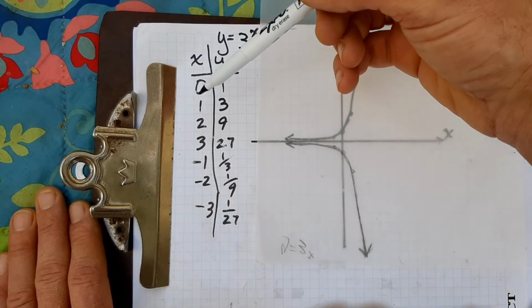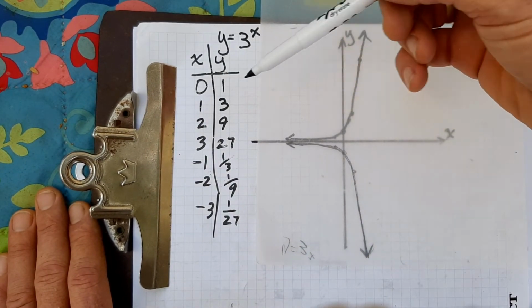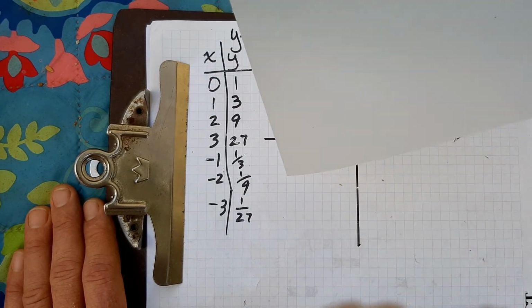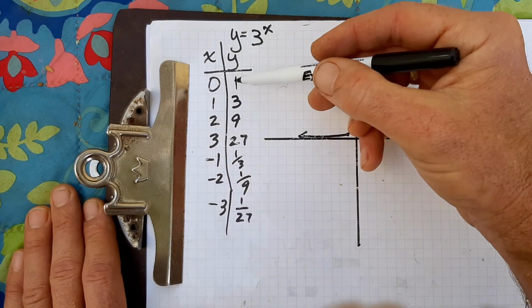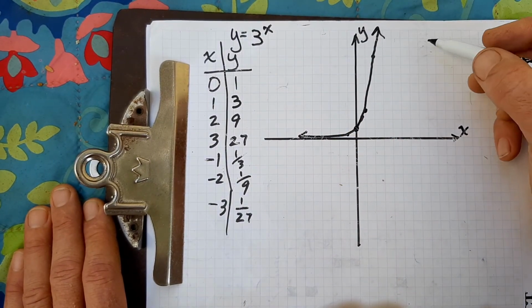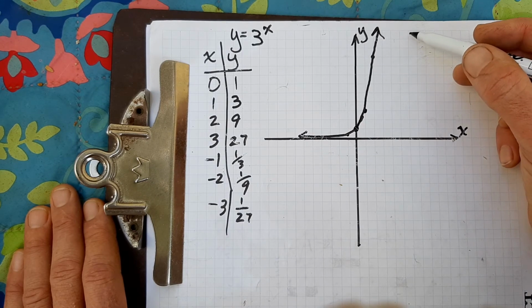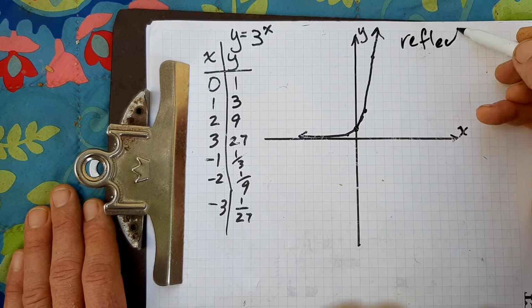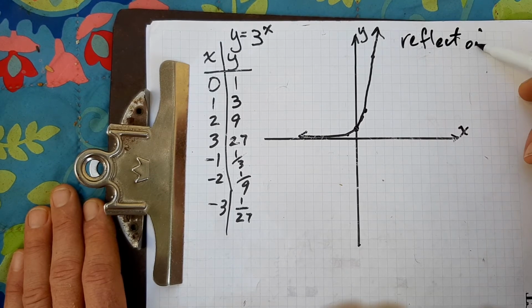And instead of 1, 3, I want 1, negative 3, right? What is that equation? Well, once again, I want to change all the y's into negative, right? So that's to flip. Reflect over the x-axis.